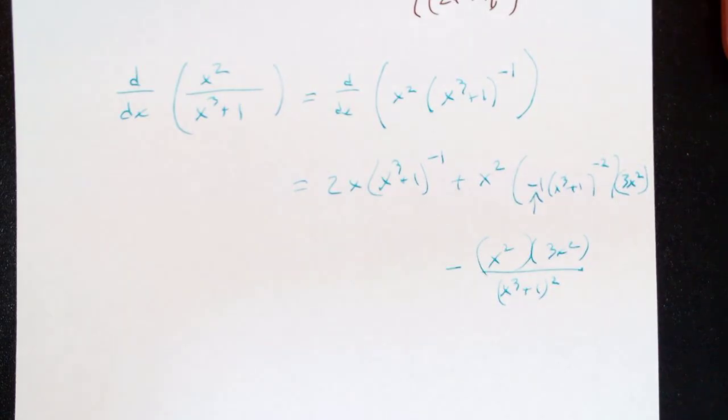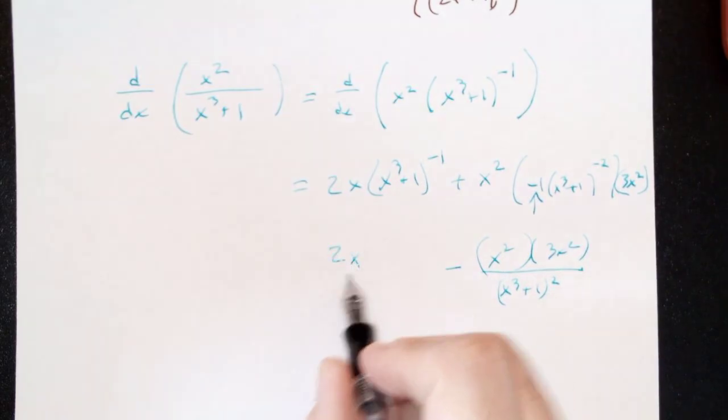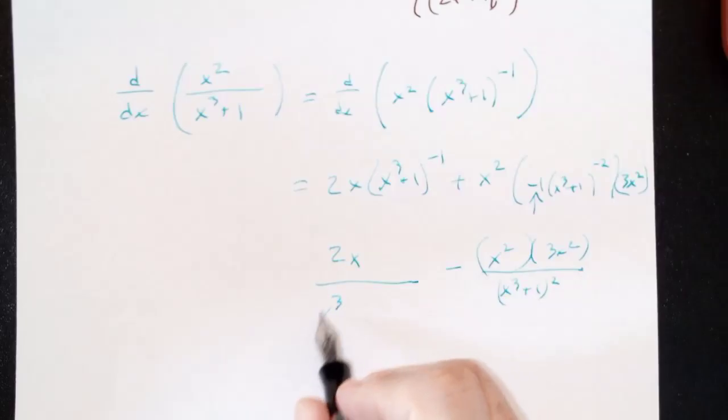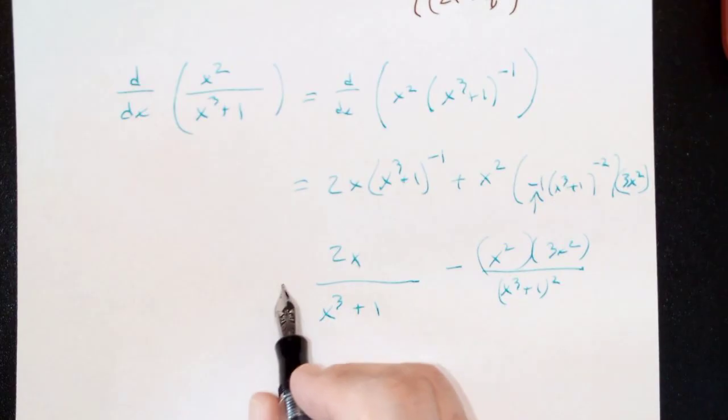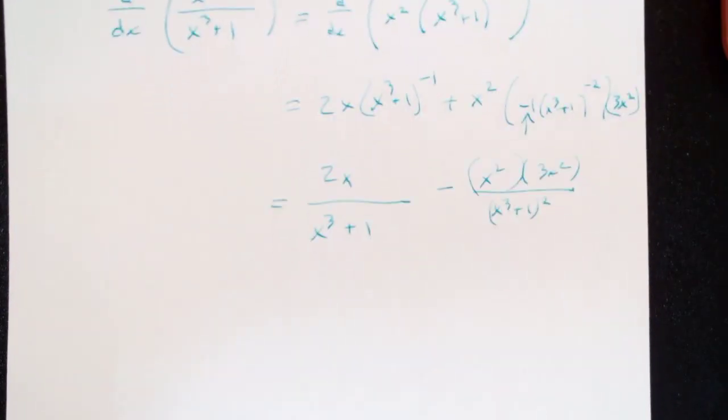I'm going to leave them separate for the moment. Look at the other one. The other one is 2x over x cubed plus 1. If I want to subtract these two fractions, I need a common denominator.